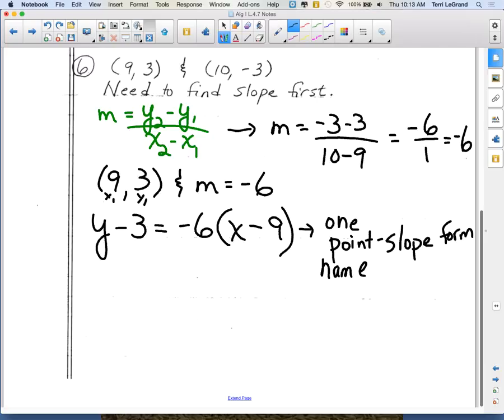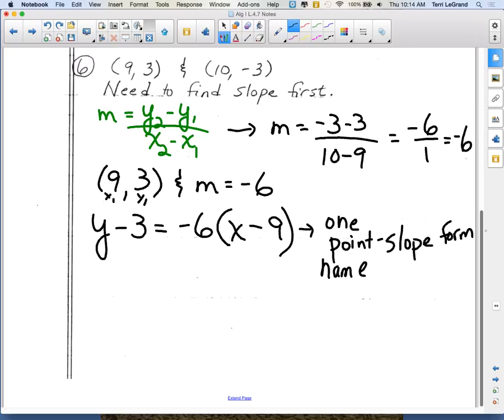Just 4? 3 because I make you do 3 points to graph it? Did I hear infinite? Why infinite? Because there's an infinite number of points on any given line. Any point you can take off of that line could be put into that equation.